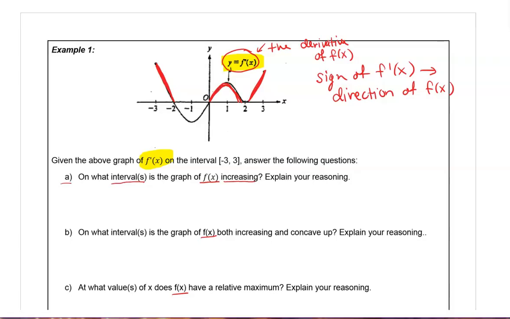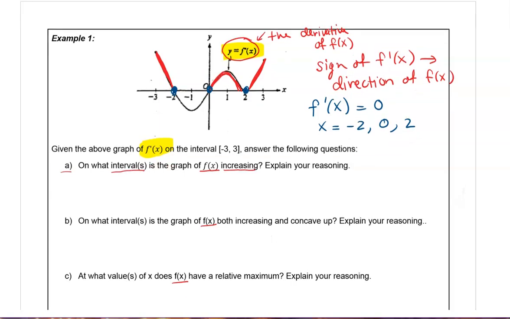Notice that f prime is only changing signs, or possibly changing signs, at the points where it's 0. So maybe I'll make a note of that. f prime of x equals 0 at these three different values, -2, 0, and 2. So those will be potential places where the sign of f prime changes. It actually doesn't change here, but it does change at -2 and 0.